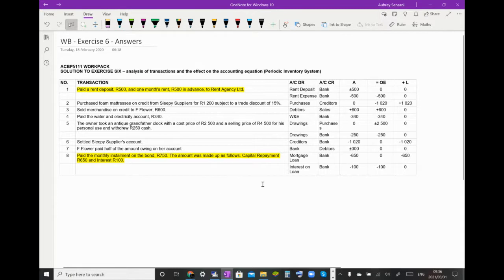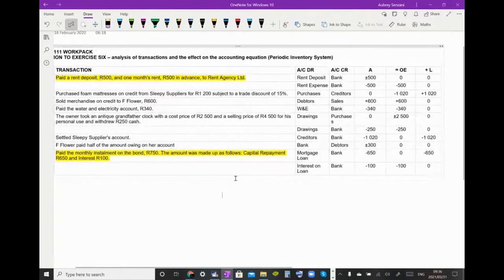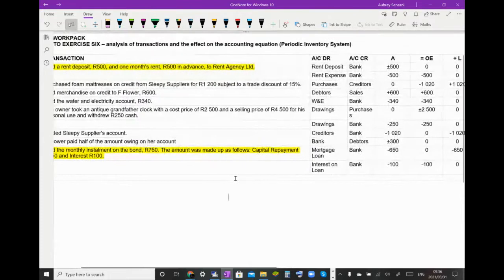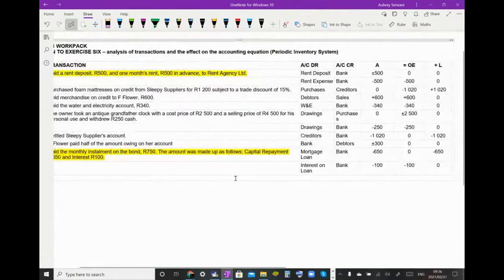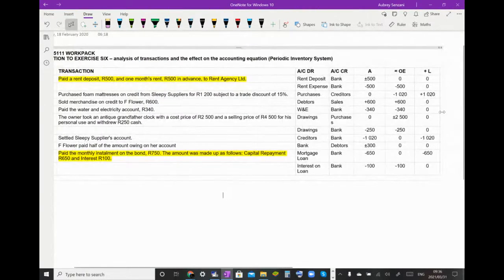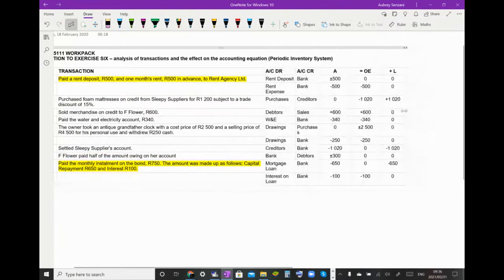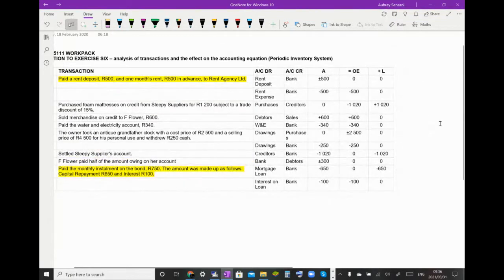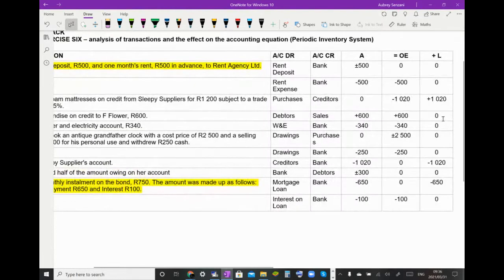I'm sure our brains have had quite a workout today. Let me zoom in a little bit. Hope that helps. Let's do this, so we can see more clearly.